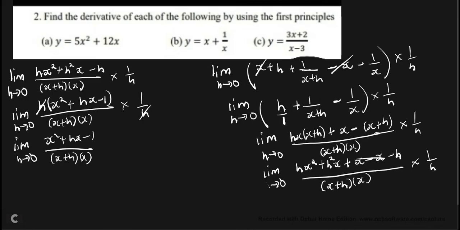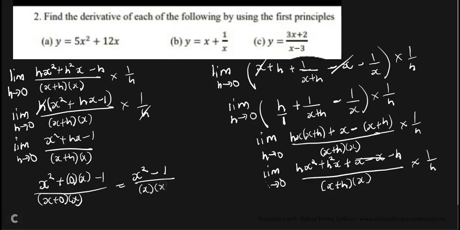When you're substituting 0 wherever there's h, you get x squared plus 0 times x minus 1 over x plus 0 here, and x. Then you have x squared minus 1 over x times x, such that you have x squared minus 1 over x squared. Then from there, separate them.